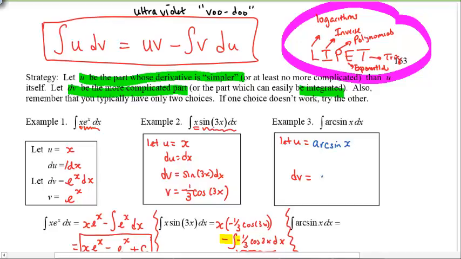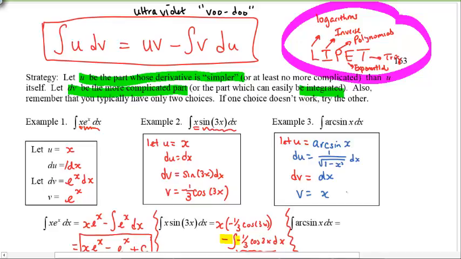Well, it's just dx. We know from last class the derivative of arc sine is, did you forget already? 1 over the square root of 1 minus x squared dx. So what's the integral of dx then? Well, that just becomes x.